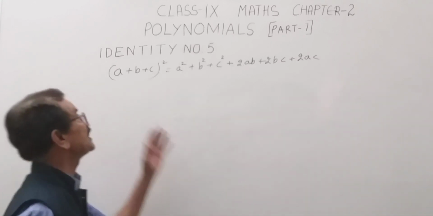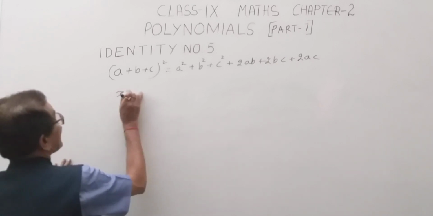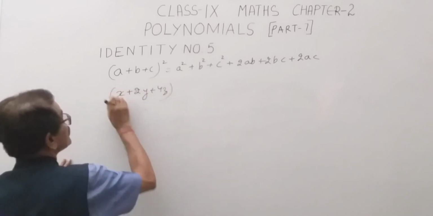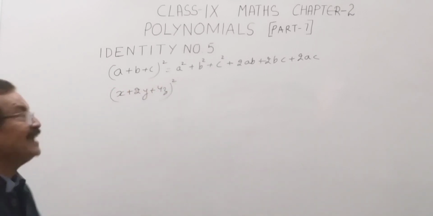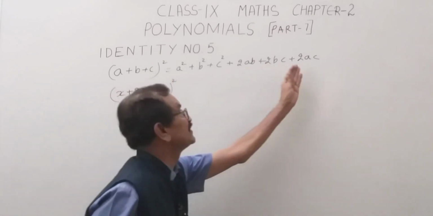Let us see some applications of the identity number 5. Suppose I have x plus 2y plus 4z whole square. Now, I need not multiply the trinomial by the trinomial, but simply get this result.